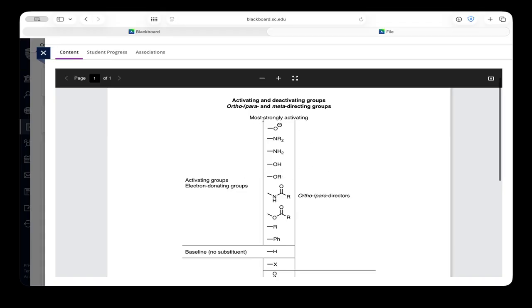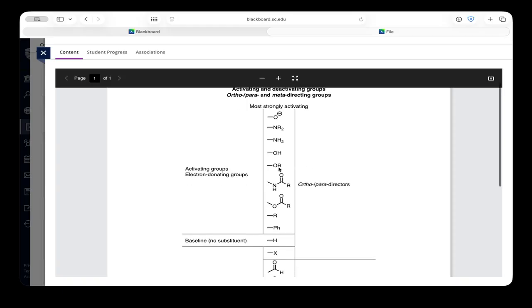And so at the top, we've got the most strongly activating groups. Those are our electron donating groups, and these are all ortho-para directors. So if these are attached to a benzene ring and we do an EAS reaction on that benzene ring, these groups are going to cause that new incoming substituent to be at the ortho or para position.